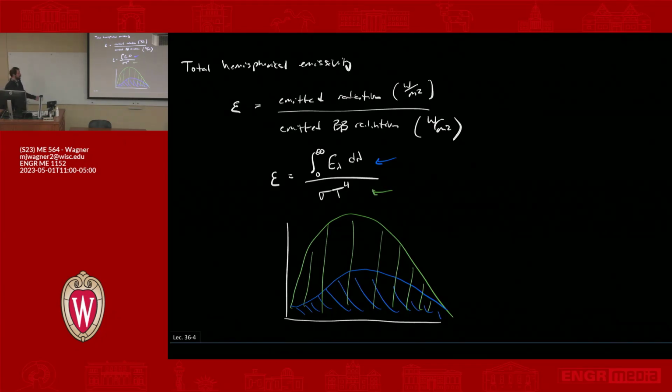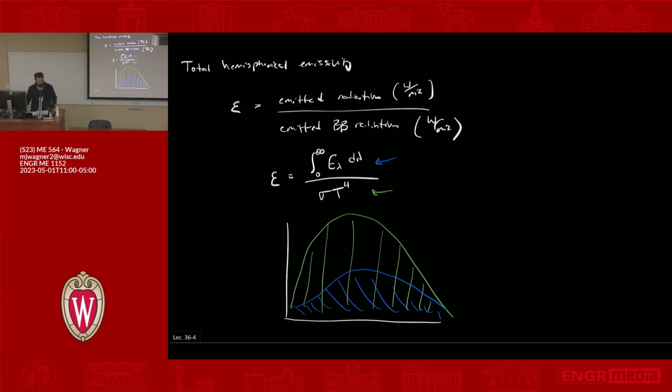And that gives us our total emissivity, total hemispherical emissivity. Okay? So those are just the basic definitions. The only thing you have to remember is, don't confuse the total hemispherical with just spectral emissivity. Just keep them separate.